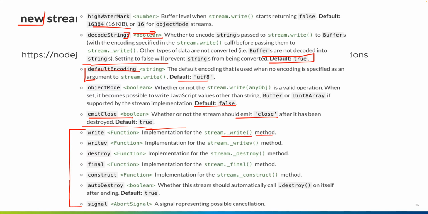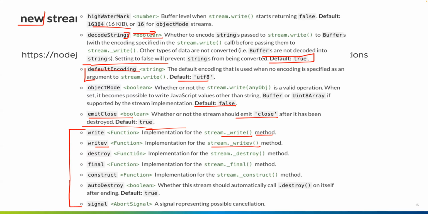That means that in this kind of syntax, defining a write function is equivalent to underscore write within the traditional class definition, the first syntax we talked about. So the same thing, write is equivalent to underscore write, destroy, and so on and so forth.